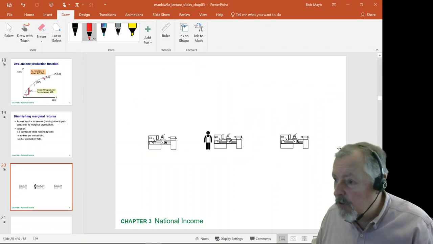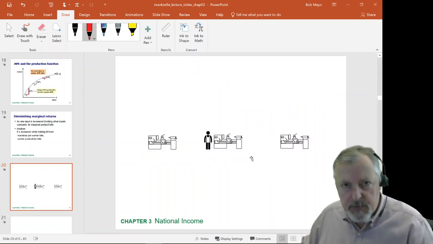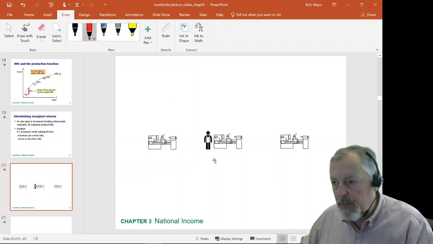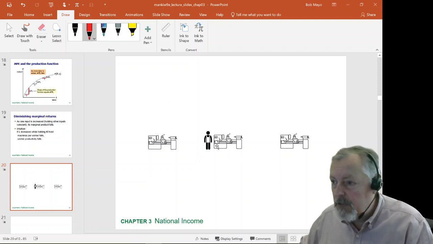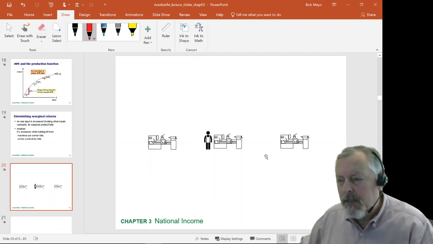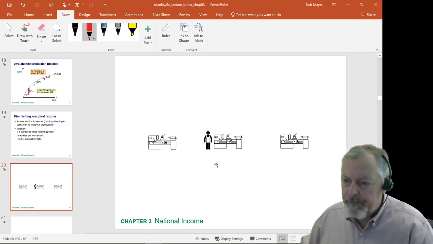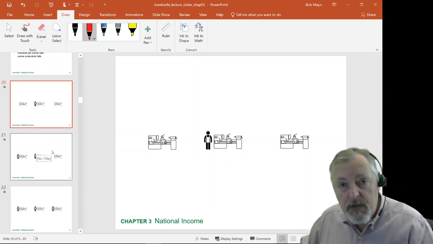Okay, here's where we start. 3 machines, that's 3 units of capital, and 1 unit of labor. Production is obviously going to be pretty low because you have one person trying to run 3 machines at the same time.